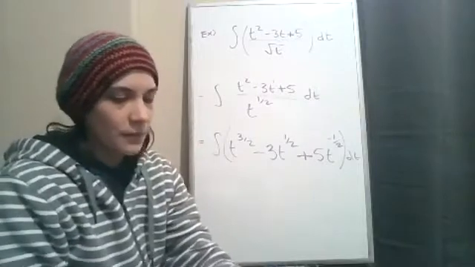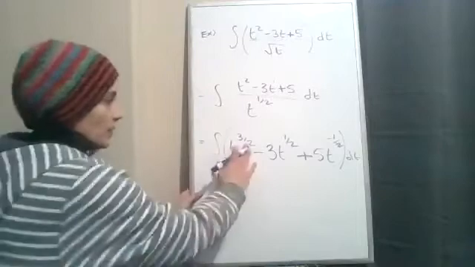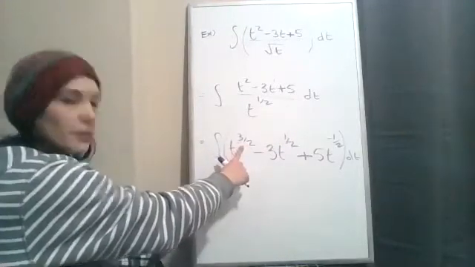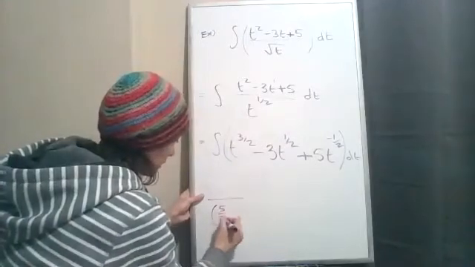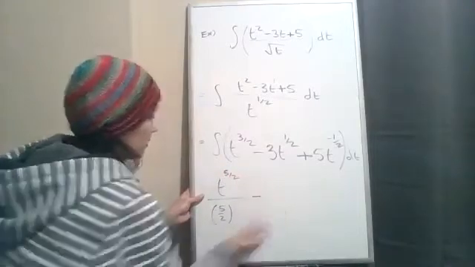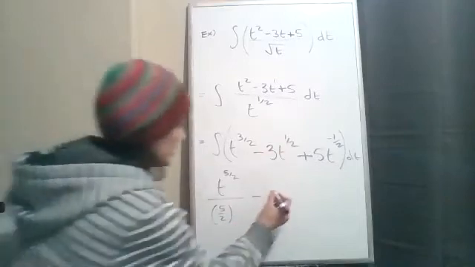So we're going to finally do the antiderivative. We'll have to add 1 to 3 halves, so you'll get 5 halves in the denominator: t with power 5 halves. 1 plus 1/2 will be 3 halves.